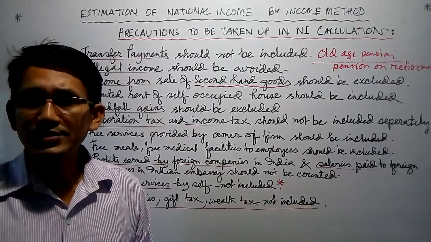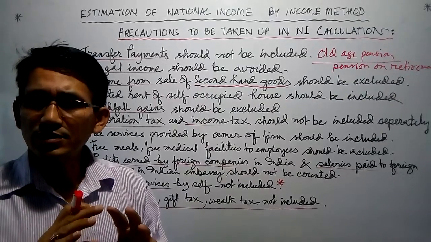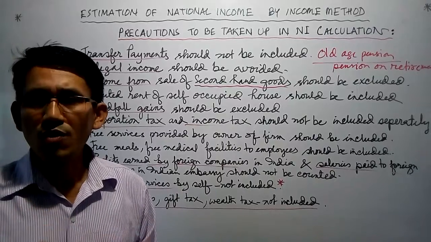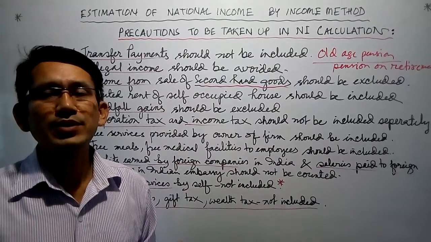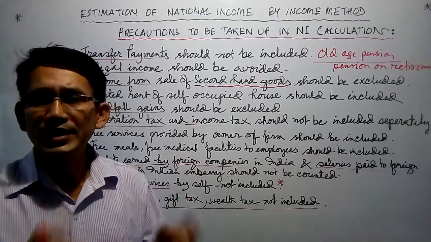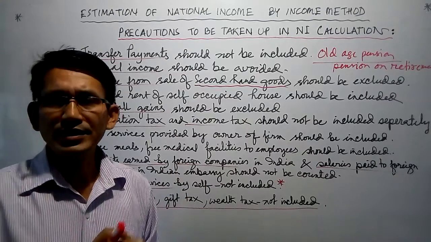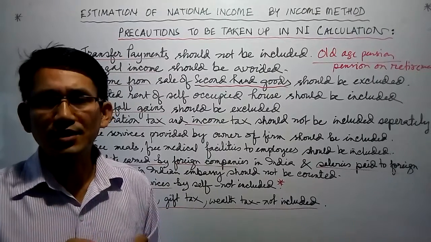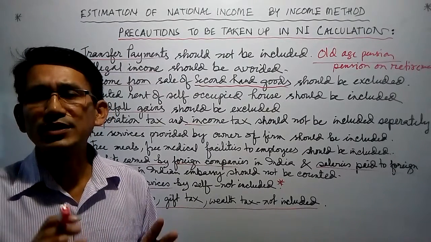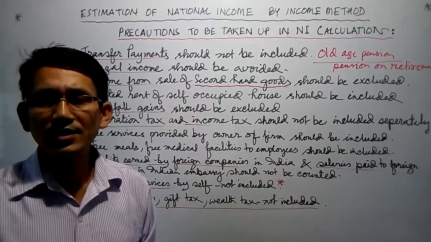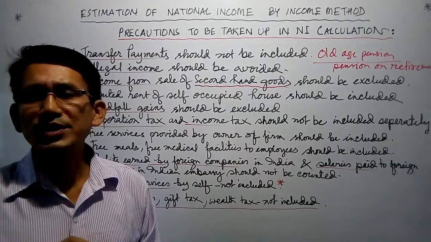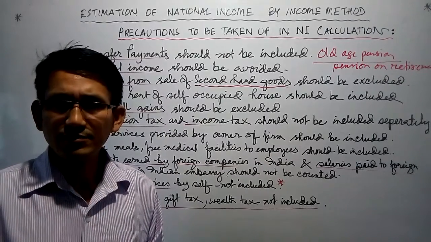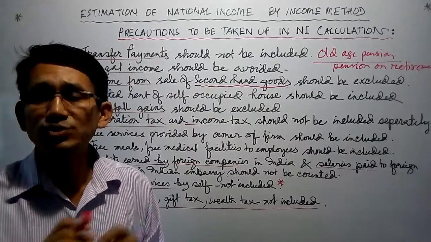Let us say income or money received by selling second-hand goods or financial assets, for example an old house, old radio, old vehicle, bonds and debentures, etc., is not included in the national income because the value of their original sale has already been counted in the year of their respective sales or purchase.